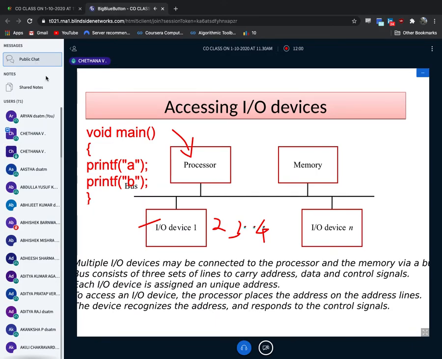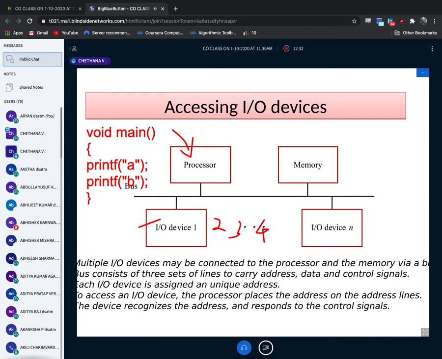That means, when the processor is executing the first line, printf A, the processor will go to the output device. I'll show you by writing. Assume this is not a printer, I'll take the display, monitor, M. Whenever I execute the first line, printf A, I go to my monitor and then display.